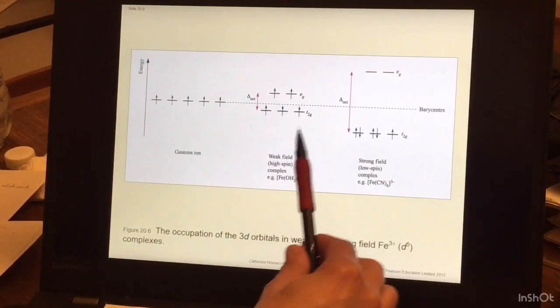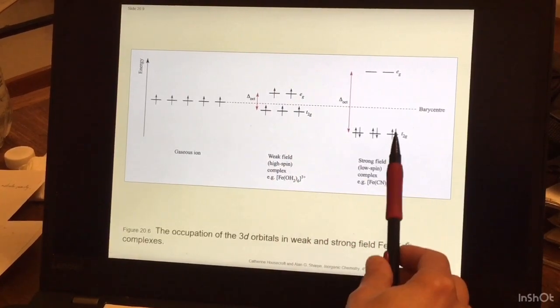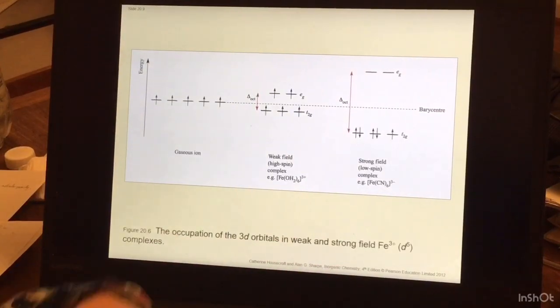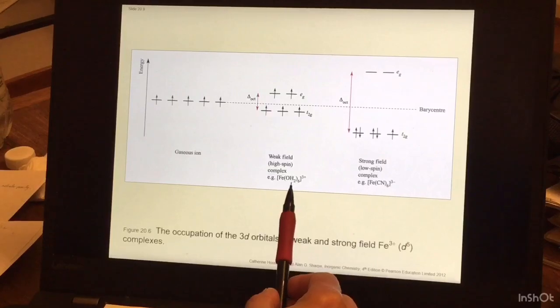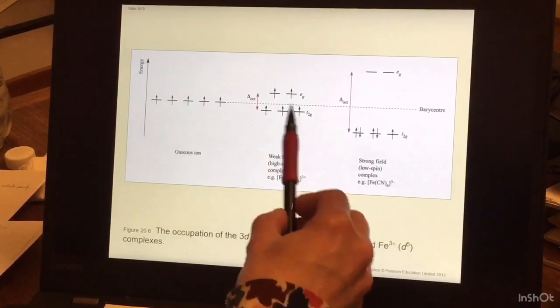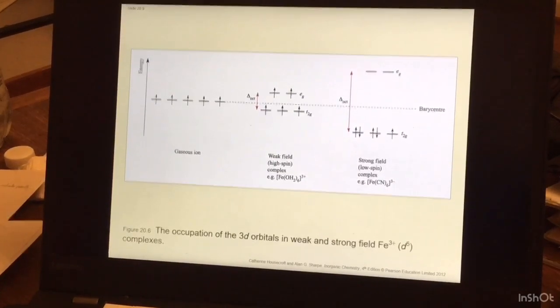Here you see those five electrons spreading out pretty homogeneously, versus those five, which give rise to an uneven distribution of electrons. So here we have water, H2O, which is a weak field ligand. It gives rise to a high spin complex where the five electrons from the iron 3+ are spread out over the two sets.